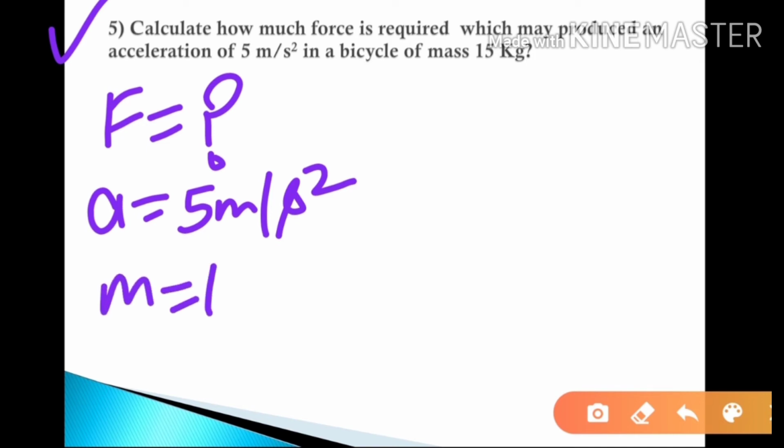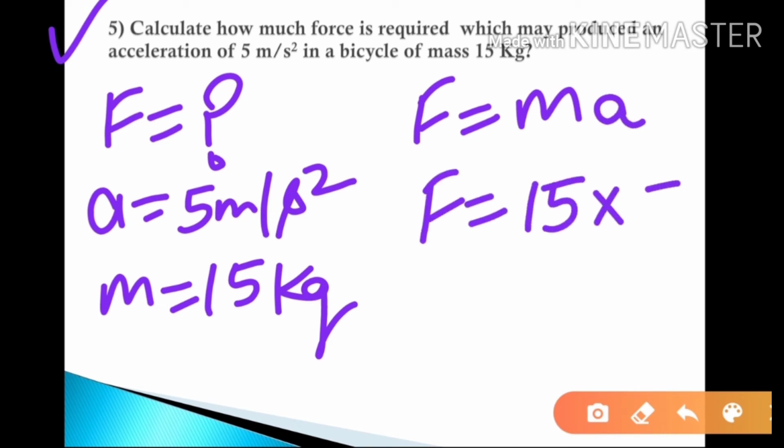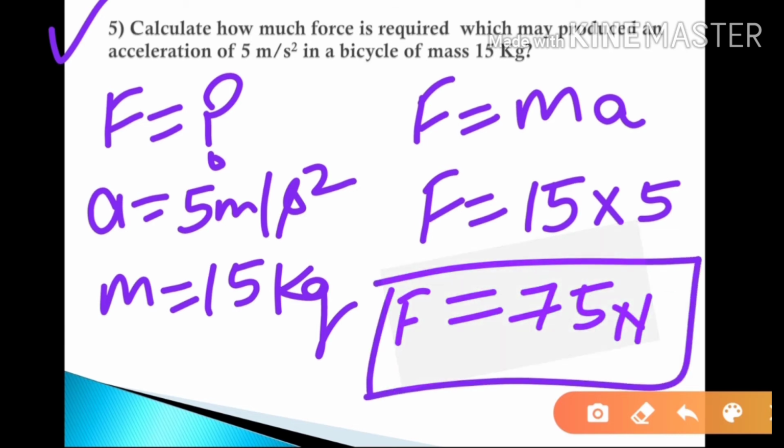So mass is 15 किलोग्राम. तो 15 किलोग्राम मास की एक बाइसिकल में 5 मीटर पर सेकेंड स्क्वायर की एक्सेलरेशन प्रोड्यूस करने के लिए हमें कितना फोर्स चाहिए. तो अगेन फ्रॉम न्यूटन सेकेंड लॉ ऑफ मोशन, F is equals to ma, m is 15, एक्सेलरेशन इज़ 5, तो 15 5 is 75 न्यूटन. Force will be 75 Newton.